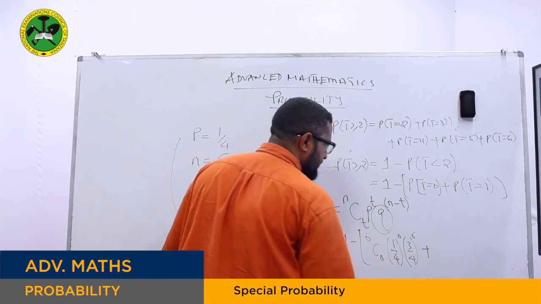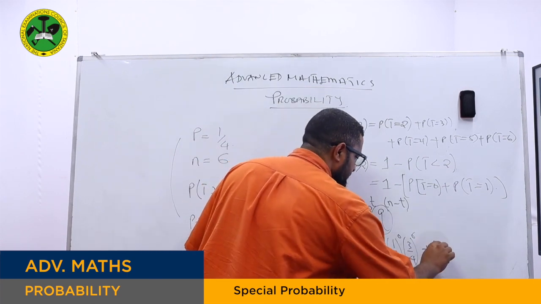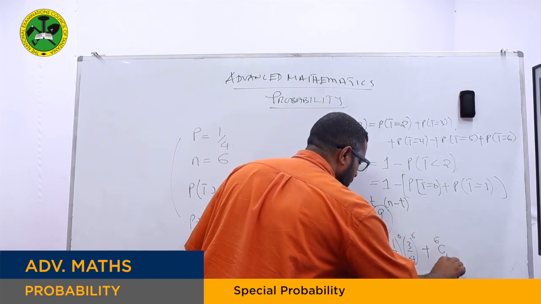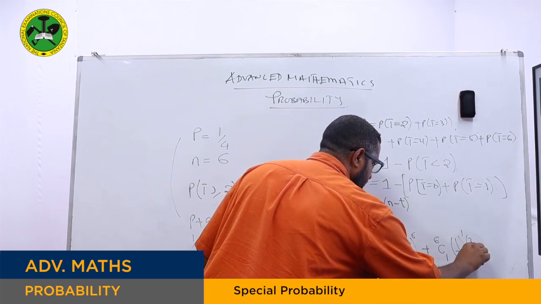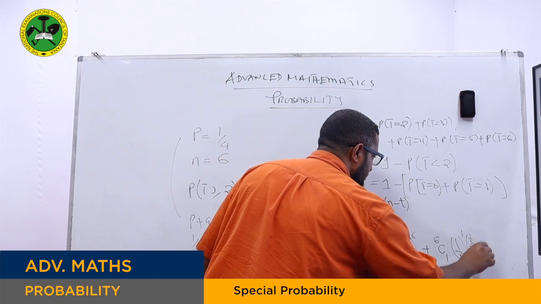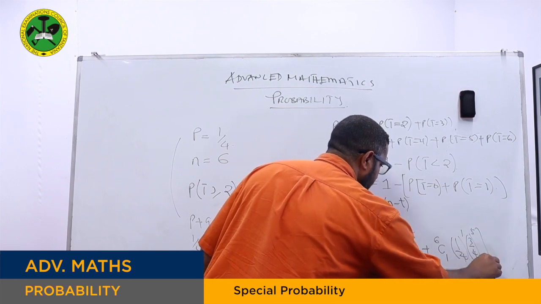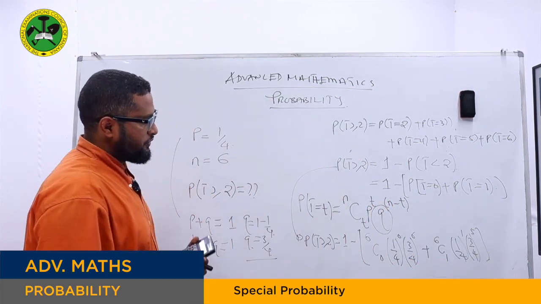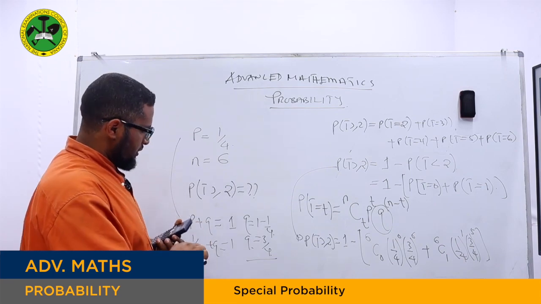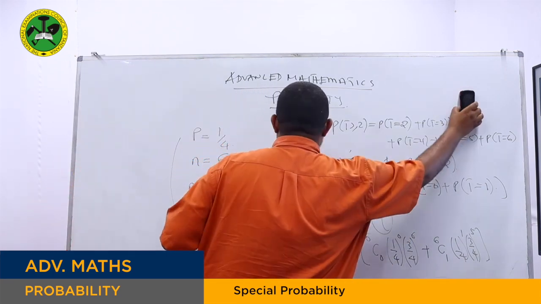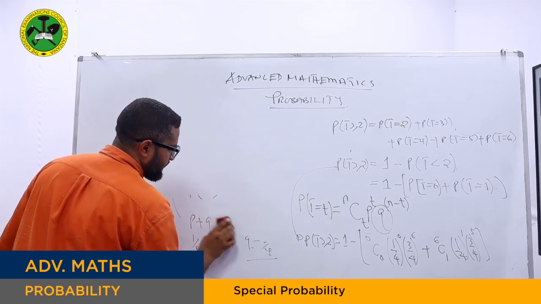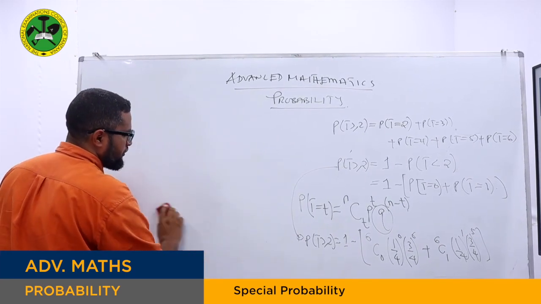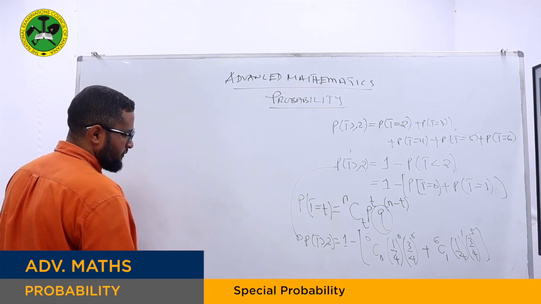Then we plus, when t equal to 1, so it is 6 combination 1, 1 over 4 to the power of 1, 3 over 4 to the power of 5, because we are doing subtraction n minus t. Now thereafter, just simplify and write your final answer.